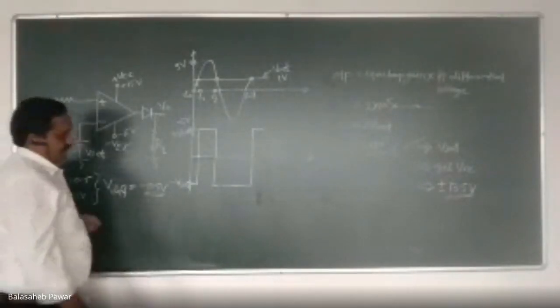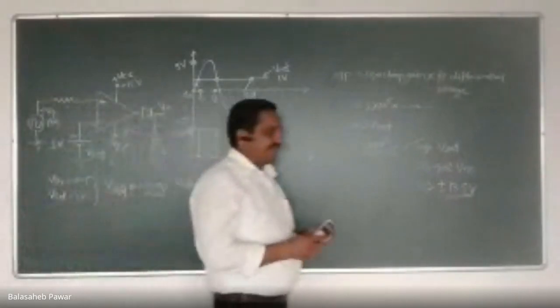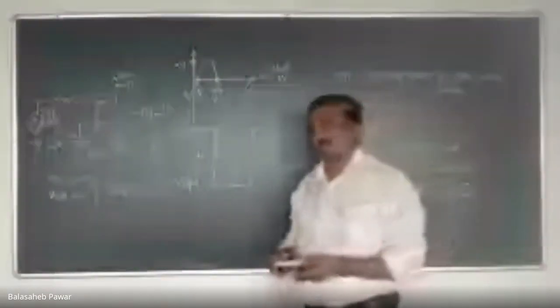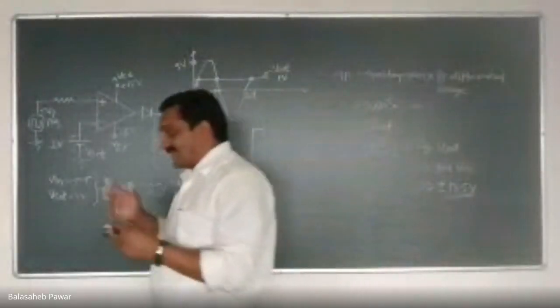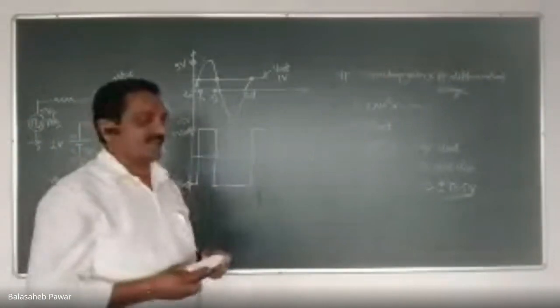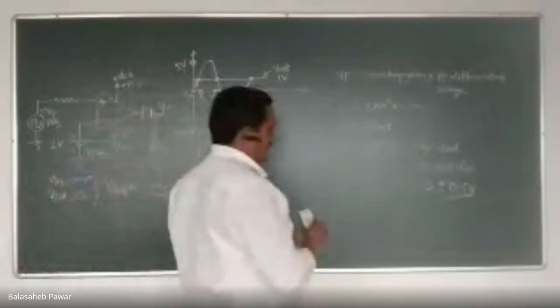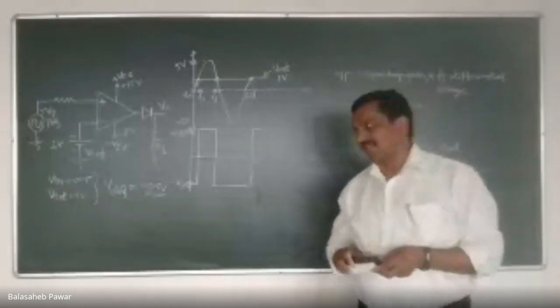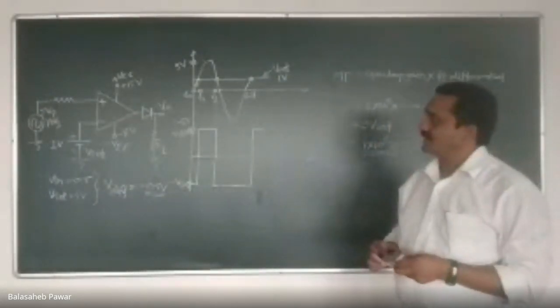Now, without taking any dedicated time varying signal source, we will try to generate that signal by ourselves using various components, whatever you studied during your second year of engineering.